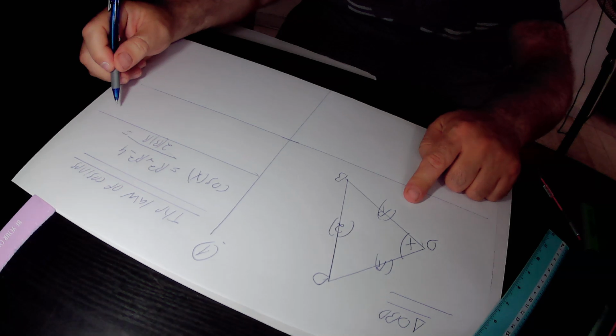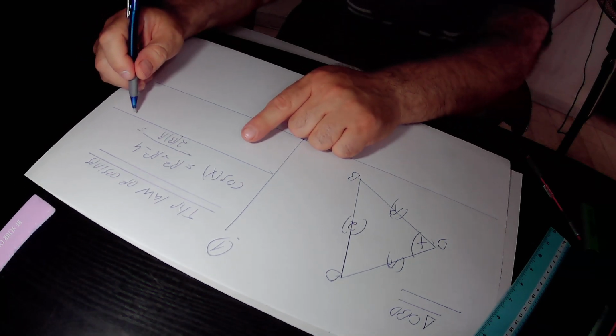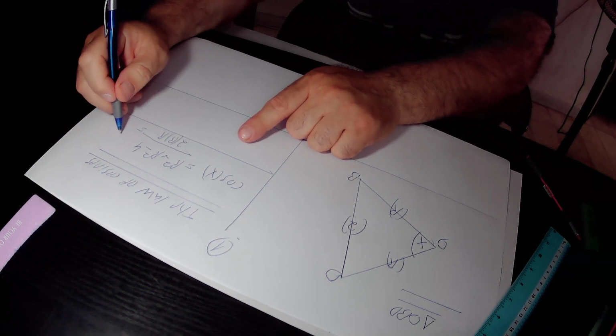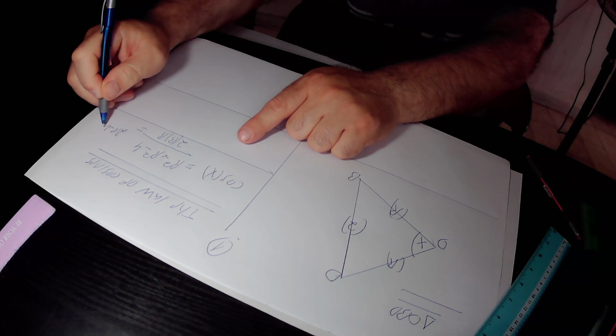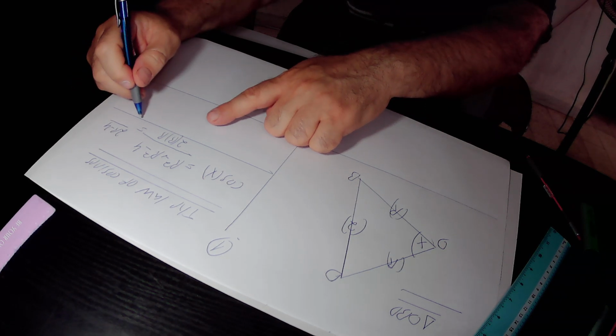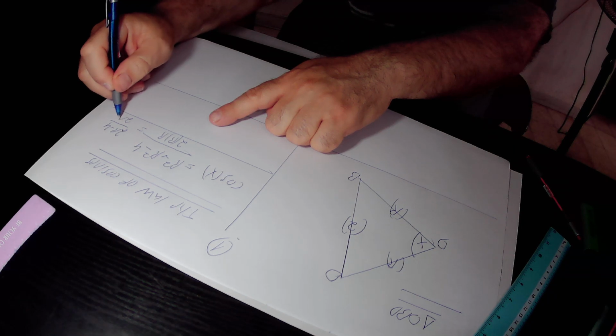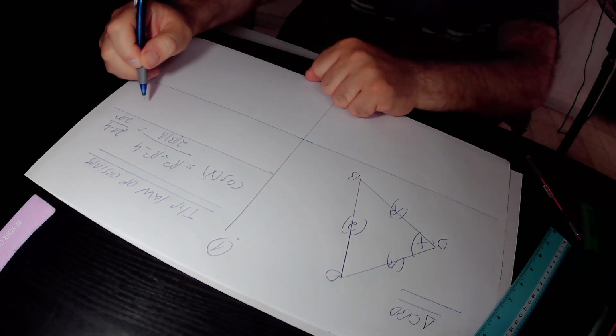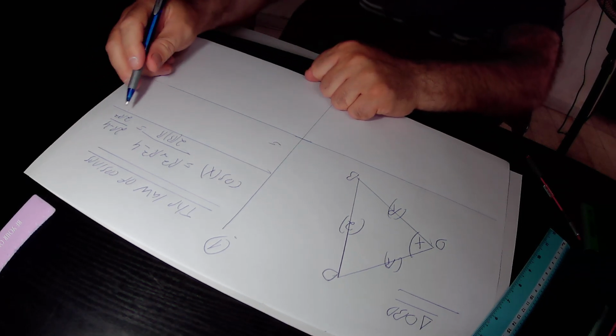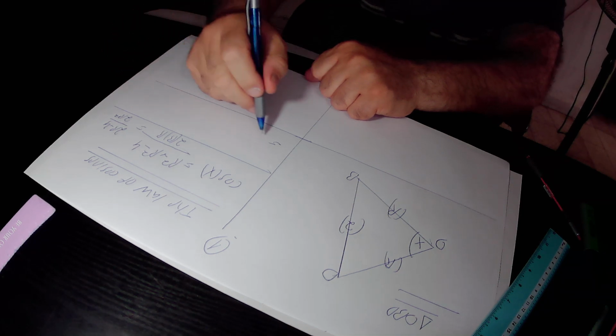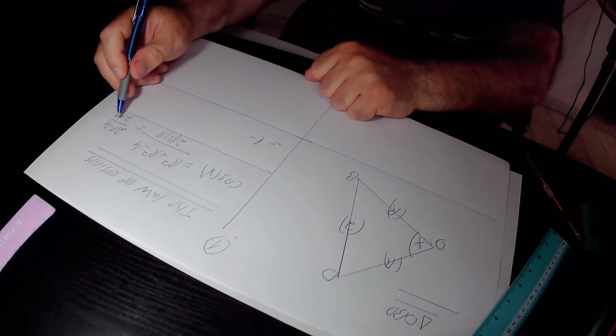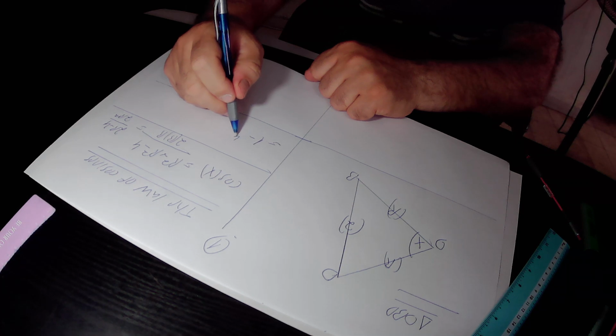So we found out that cosine x equals R squared plus R squared, that is 2R squared, minus 4, divided by 2 times R times R, that is 2R squared. So 2R squared over 2R squared is 1, and we have minus 4 over 2R squared.